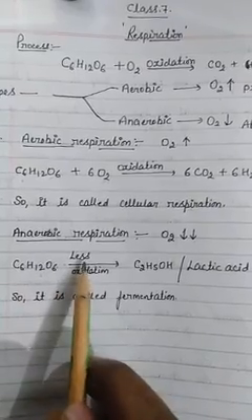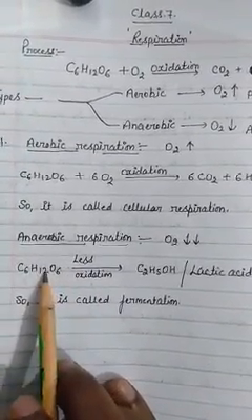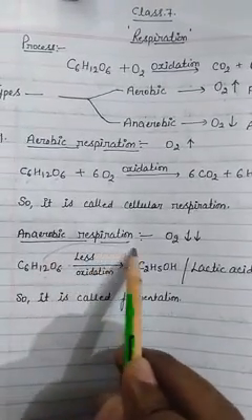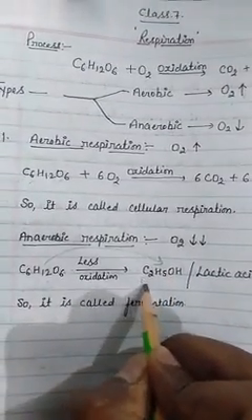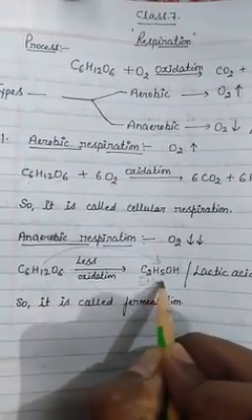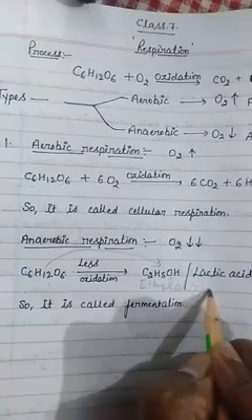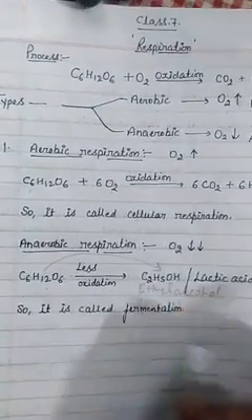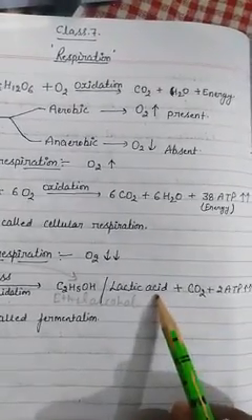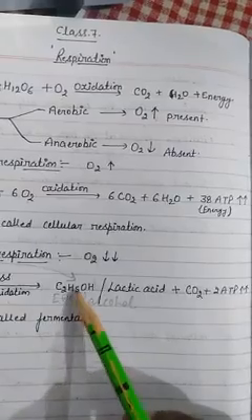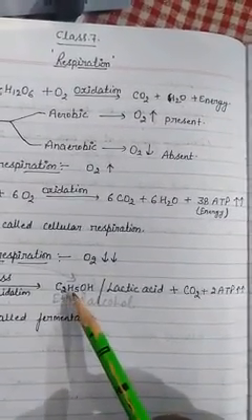When there is less oxidation of glucose, glucose gets converted into ethyl alcohol, C2H5OH, or lactic acid. It gets converted into ethyl alcohol when it takes place in plants.